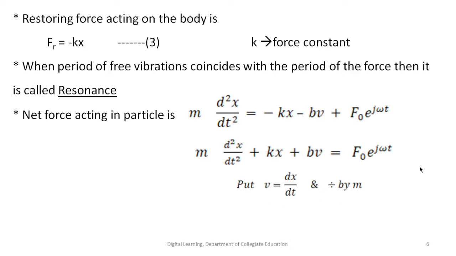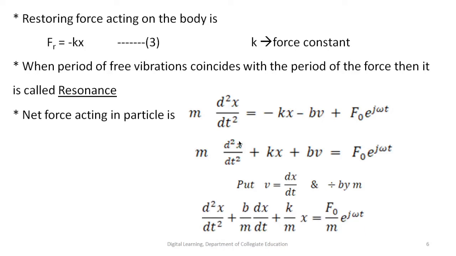Now substituting v is equal to dx by dt for velocity and dividing the whole equation by m, we get d square x by dt square, m by m gets cancelled, plus k divided by m into x plus b divided by m into v, substituted as dx by dt, is equal to F naught divided by m e power j omega t.